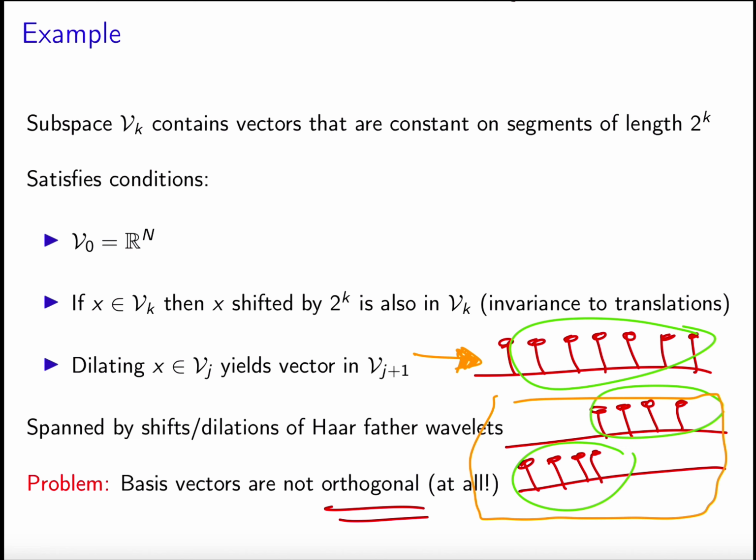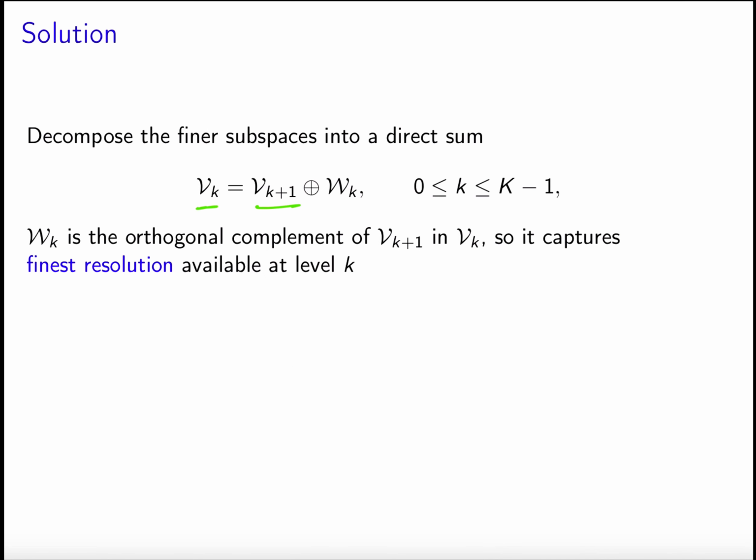How about I separate this coarser resolution subspace into the subspace that includes this guy and whatever is orthogonal to it. So I'm going to separate every subspace of resolution 2 to the k into a subspace of resolution 2 to the k plus 1 plus whatever is not in that coarse resolution.